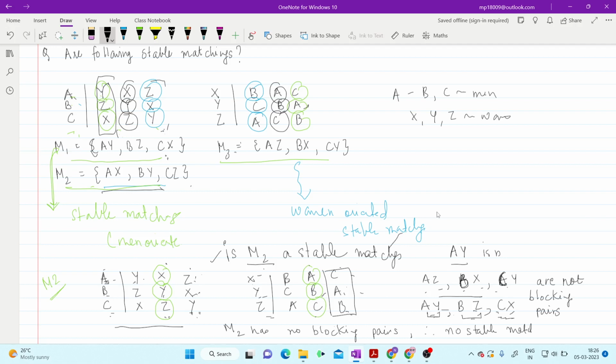Okay, but man-oriented stable matching is only M1, no? Yes, if we start with men, then going by the algorithm we'll end up with M1. Yes, if you are looking at the men-oriented one.